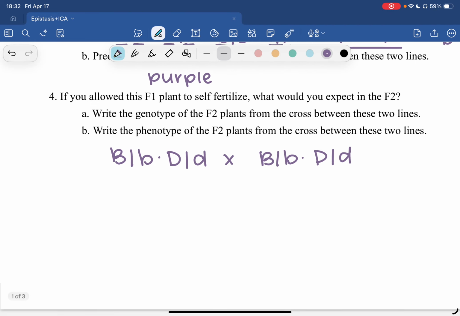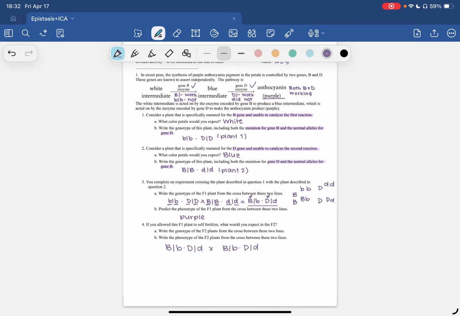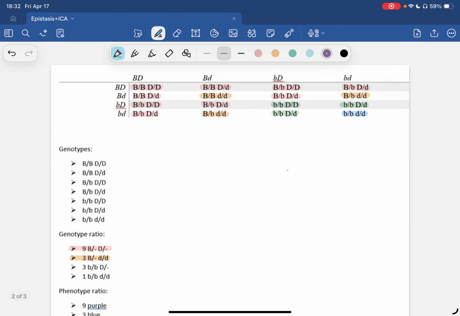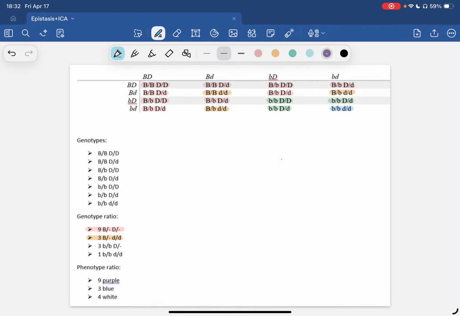So I'll show you really quickly what this looks like in a 16 box Punnett square. So here's what it looks like. You have one of each combination. So two of the working copies, or big B big D, big B little d, big D, and then a little b little d.